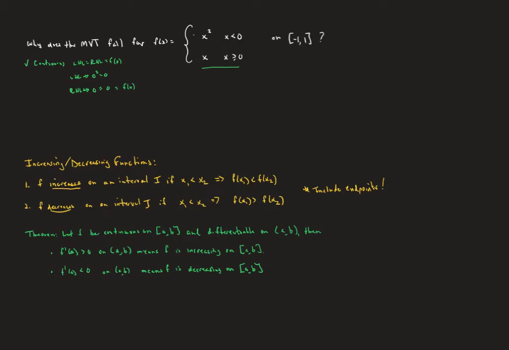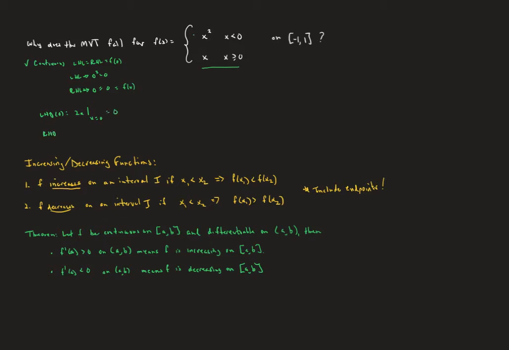Now to get the differentiability piece, we need the left-hand derivative evaluated at 0. The left-hand derivative is going to be 2x evaluated at x equals 0, which is 0.